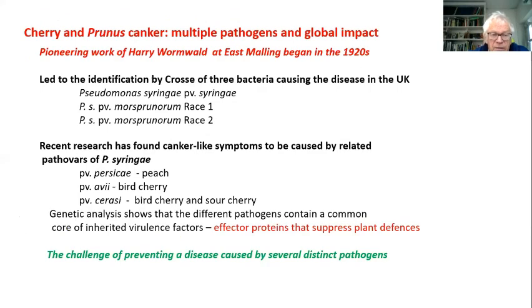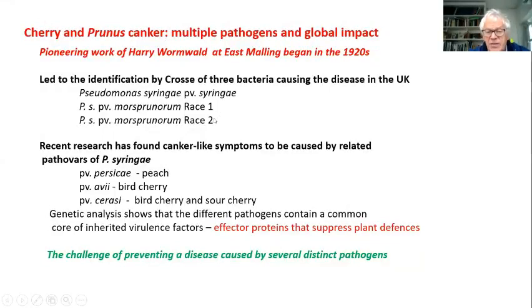You compare that with cherry and Prunus canker. Here you have multiple pathogens all related within the Pseudomonas syringae complex. And again, we go back almost over 100 years, to the pioneering work of Harry Wormald at East Malling in the 20s. So it is 100 years since this really got going in the UK. And then Crosse, also working at East Malling, identified species of bacteria causing the disease, and that's Pseudomonas syringae pathovars morsprunorum, race 1 and race 2.